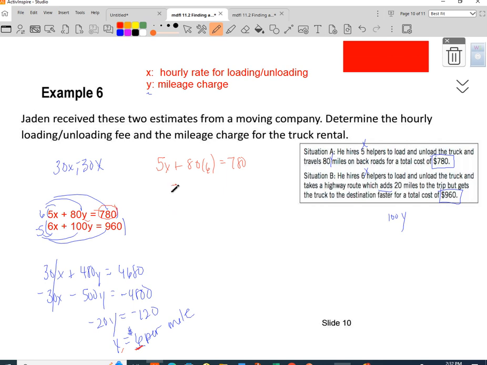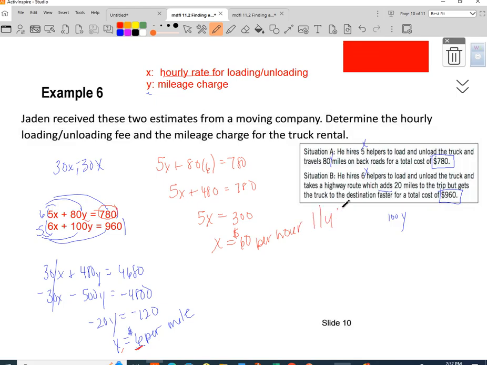So now we're simplifying, and we're subtracting 480 from both sides. So 5x equals 300. And we're dividing both sides by 5, so x equals 60. And it's an hourly rate, so it's $60 per hour for loading and unloading.